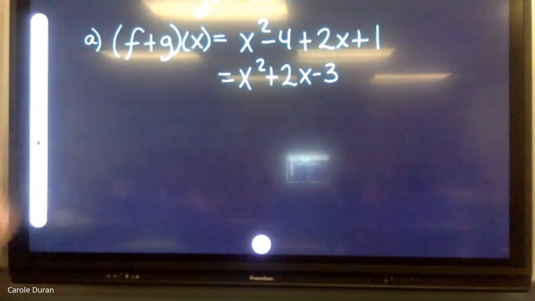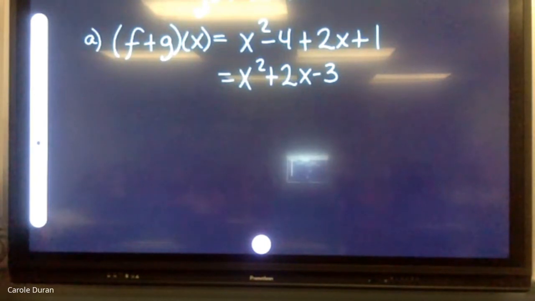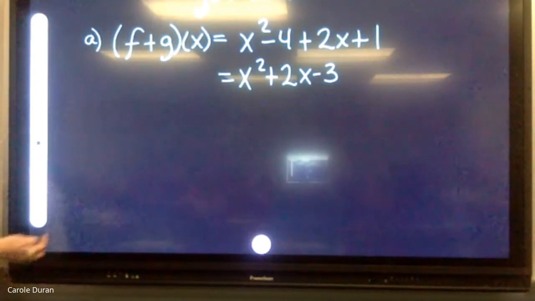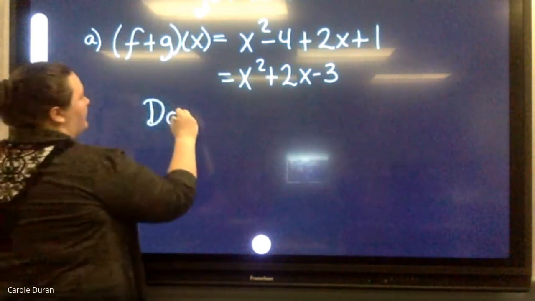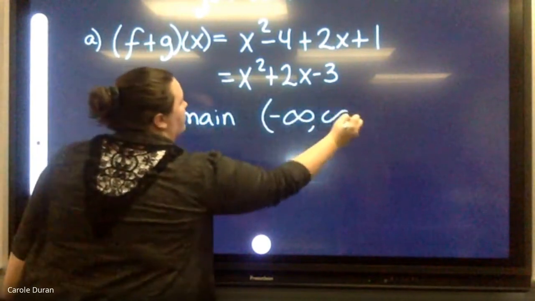That would be your answer for the simplified function, yes. But then what was the other thing I was looking for? Domain. What's the domain of that function? Negative infinity to infinity, because there's no denominator that I have to worry about going to 0. So the domain for this is simply negative infinity to infinity.